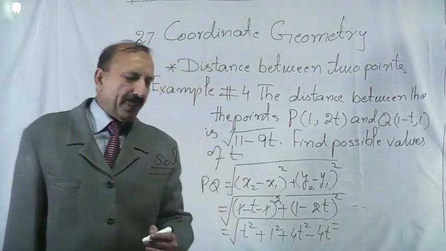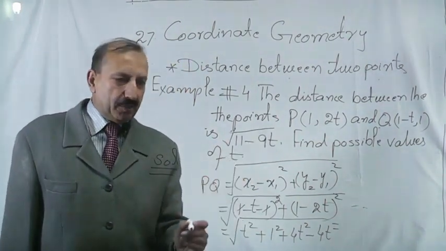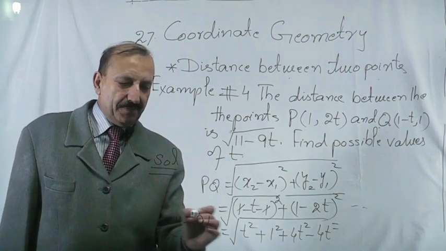This will be equal to the value of PQ which is given in this question. This is the square root of 11 minus 9t.